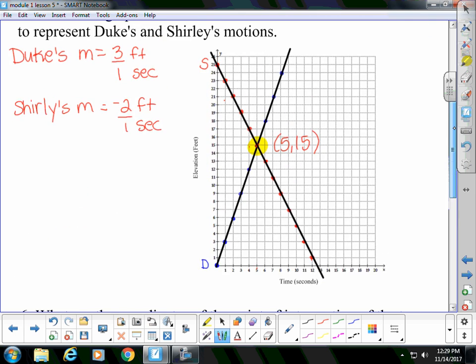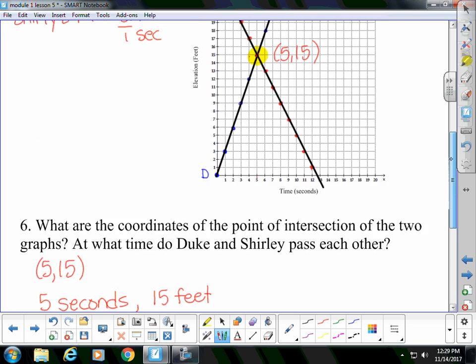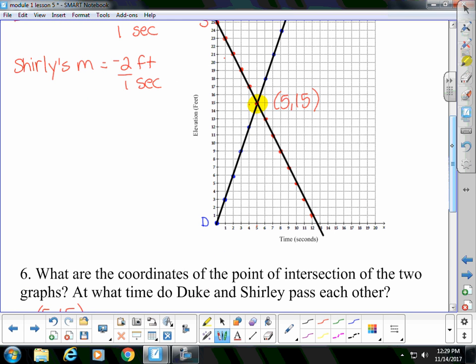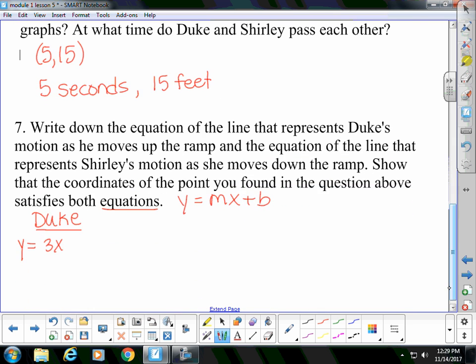Yes, so Duke's slope was 3. 3 over 1 is the same as 3. So y equals 3x. And then his starting point is actually down here at the bottom at 0. So it would be 3x plus 0. So we don't really need the plus 0. So that's Duke's equation.